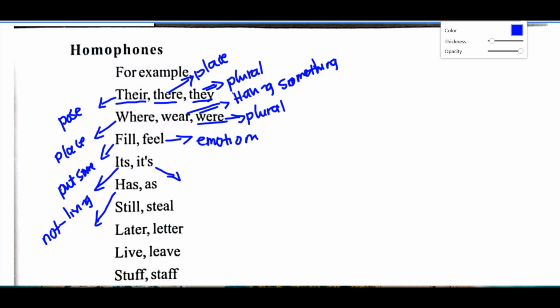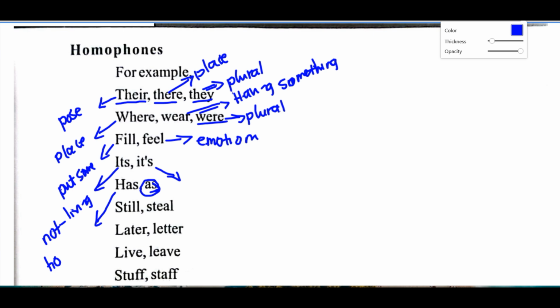So we have "has". "Has" is for ownership. She has the phone. You can call her. I'm sure she has the phone. Then this is "as". "As" simply means "like".